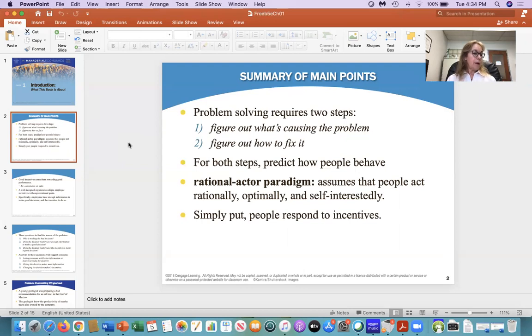Okay, so how might you create incentives in the workplace? Well, you can try to reward good performance. So if you think about it, how do businesses reward good performance, and how do they try to incentivize people? Well, they'll give bonuses. They'll give profit sharing. They will give people stock options.